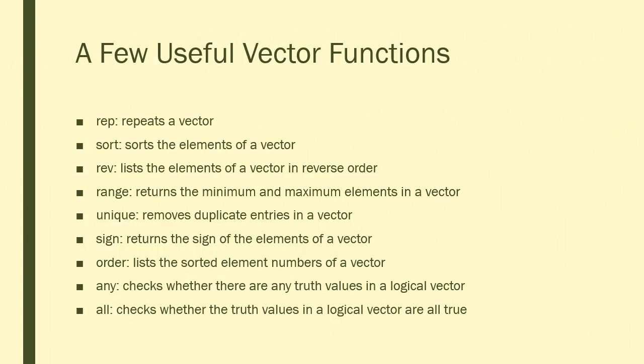And all will check whether the truth values in that logical vector are all true. And as you saw, each one of these of its own accord might not seem as useful, but when you mix it and when you store these in additional objects, that's when the true power comes in.